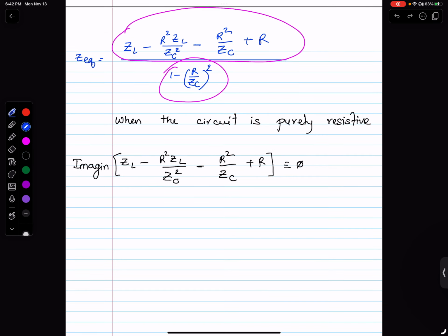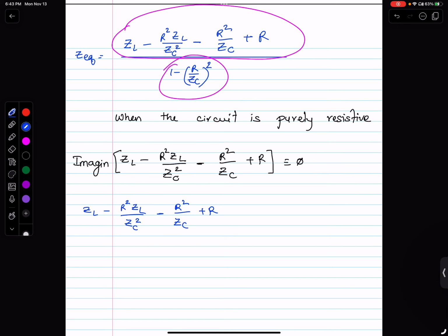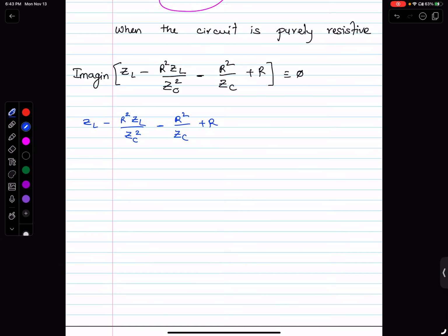Let's start with the numerator, which is ZL minus R squared ZL by ZC squared, minus R squared by ZC plus R. Okay, so that's the numerator. Let's try to separate this into the real part and imaginary part.